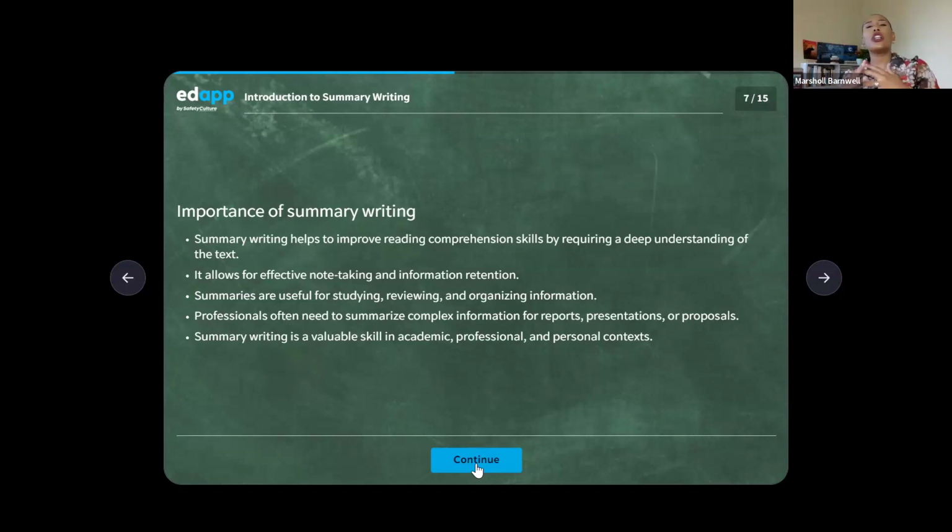So even if you're on a job where you're not required to do a summary, and I don't know what job that would be, because in every job you will have to read information and then make it concise, especially if you're in an office job and research and data collection is a major part of your job description, you're going to have to develop excellent summary skills.